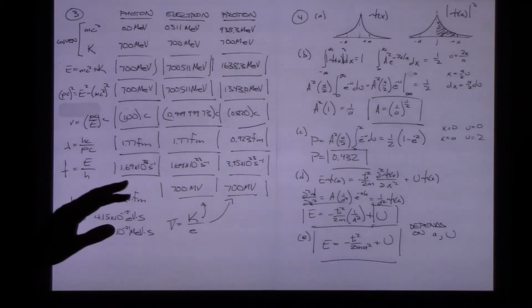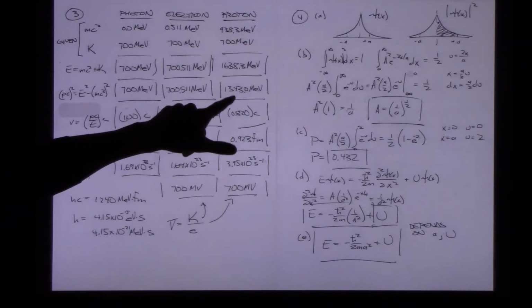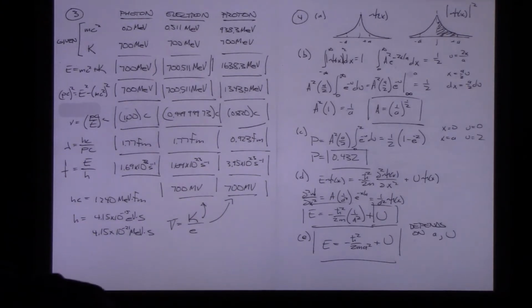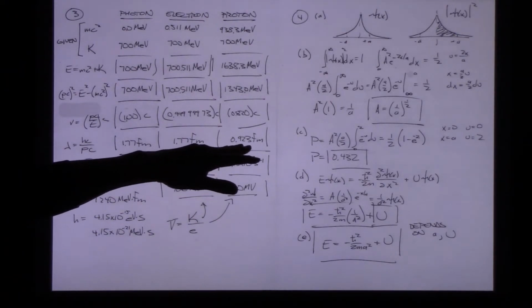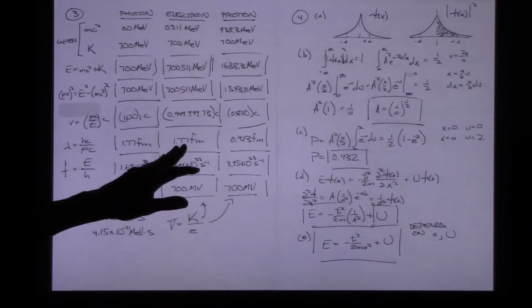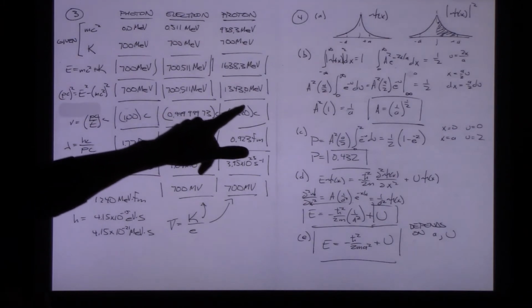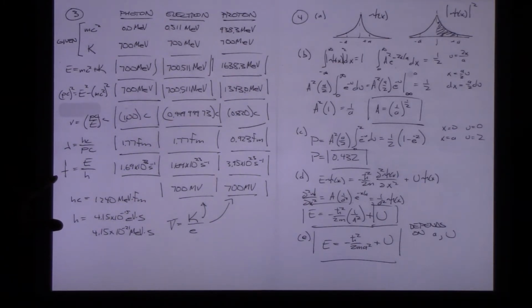All right, so let's take a look at the wavelengths. The wavelengths depend on the momentum. The proton has more momentum, and it has more momentum because it has so much more mass. That's what's giving it all that extra momentum. And so it's also got a shorter wavelength, by about a factor of 2, and that's because it has about twice as much momentum.